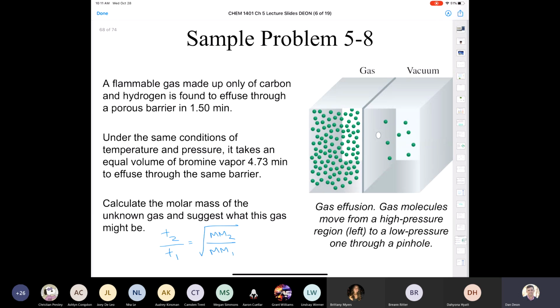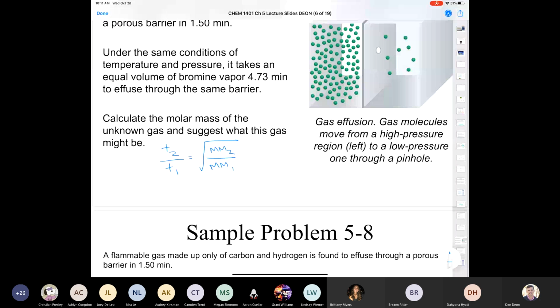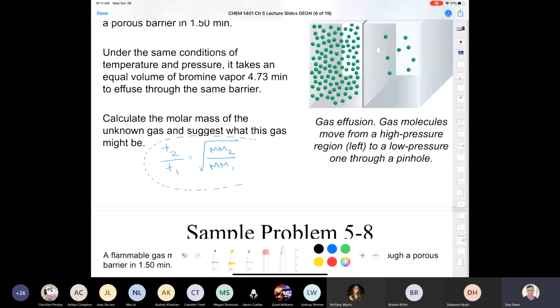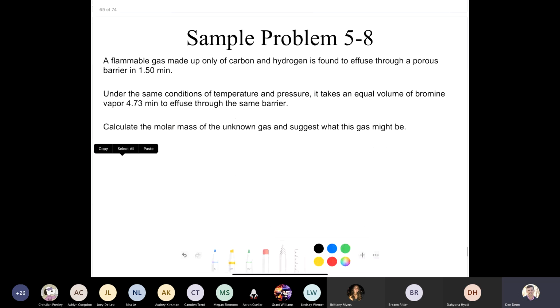So let me move on to the next slide so that I can write everything down here. Okay, so here's the formula we're going to need.